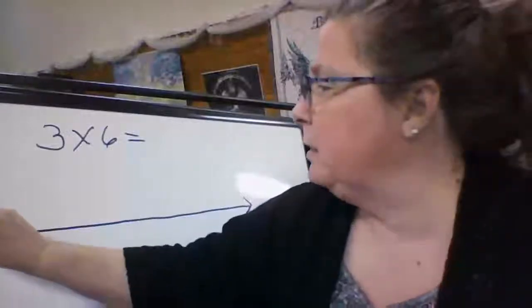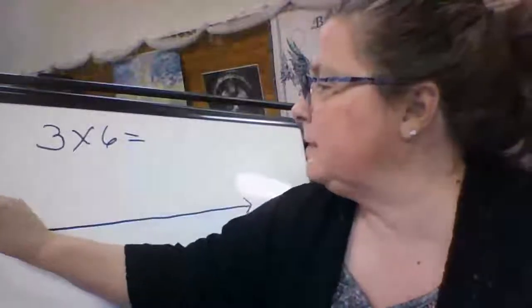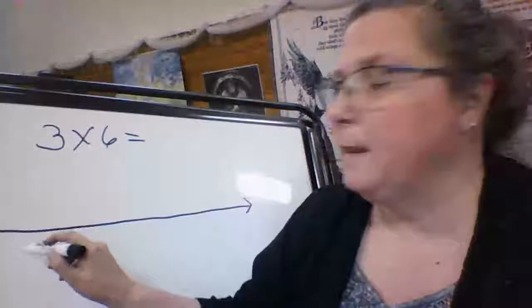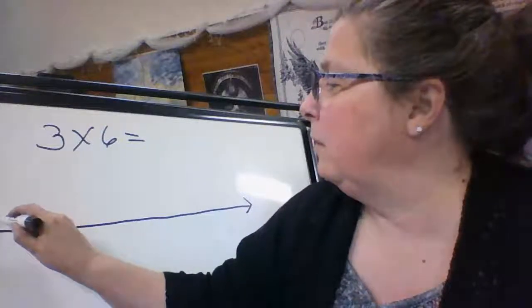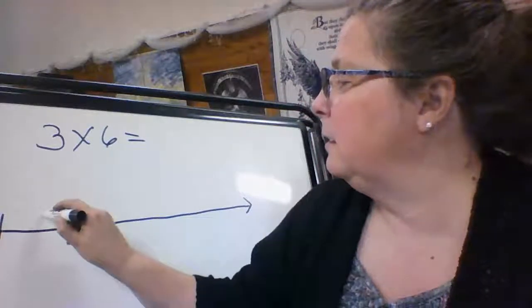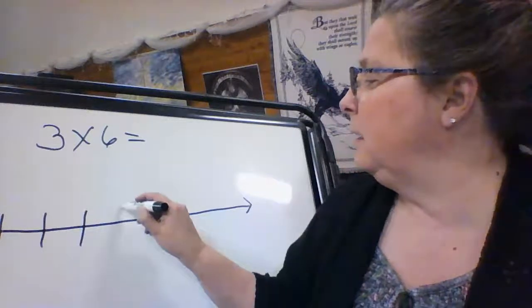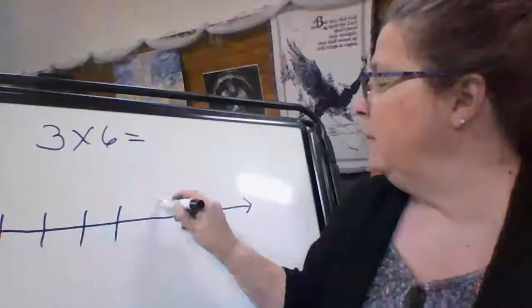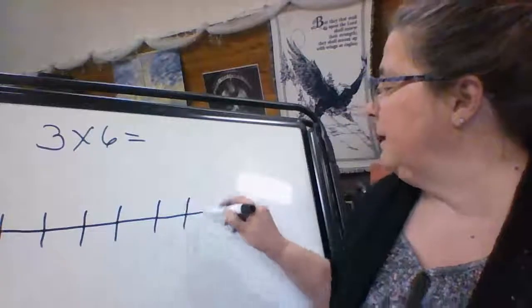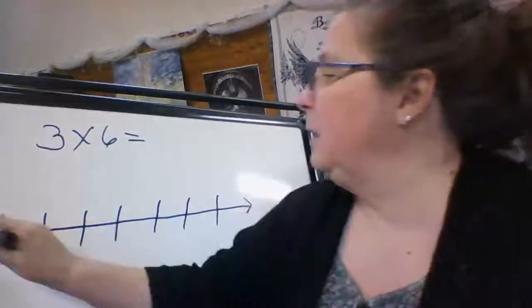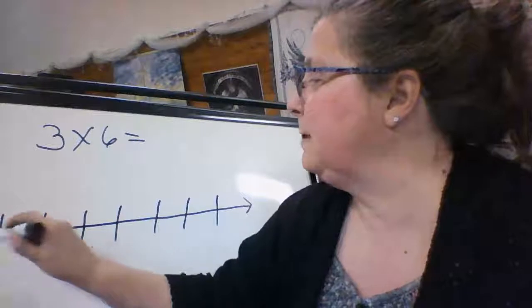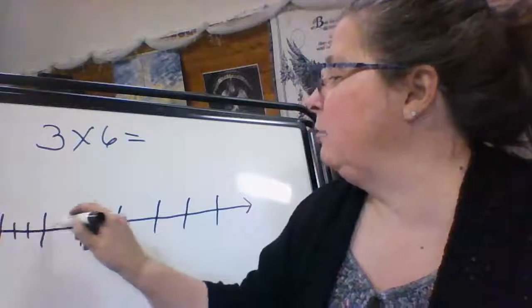So we're going to start at 0, then we're going to go 3, 6, 9, 12, 15, 18, 21. And then I'm just going to put the little bitty marks in between.